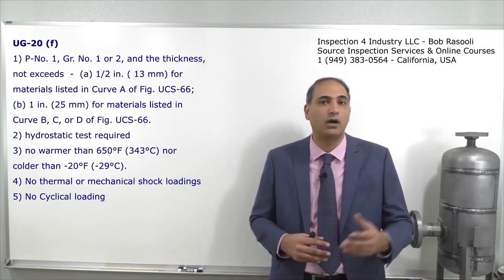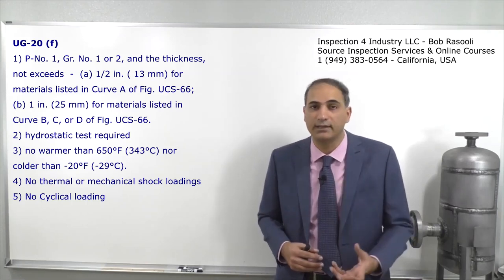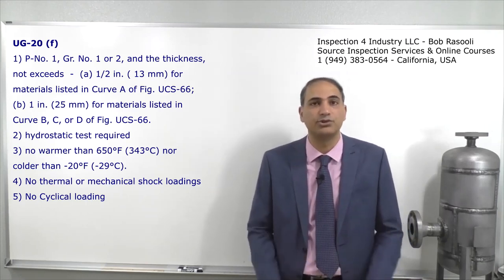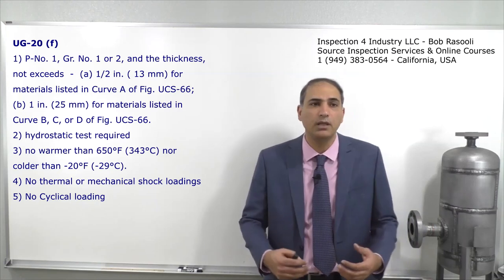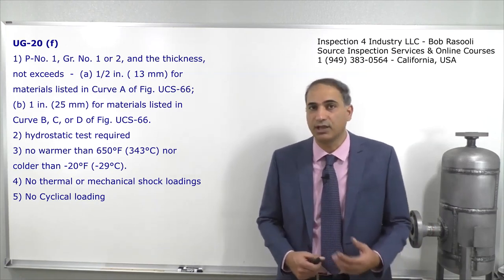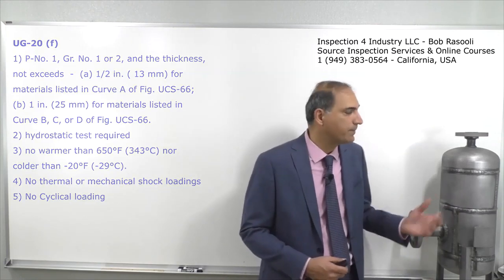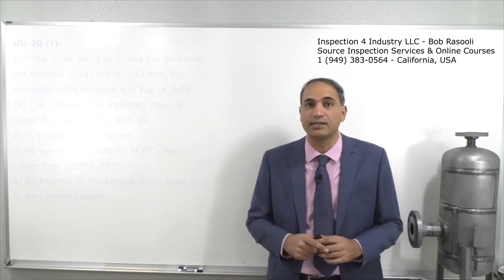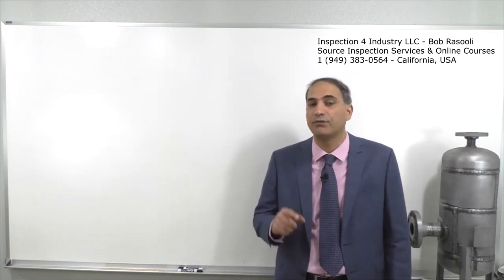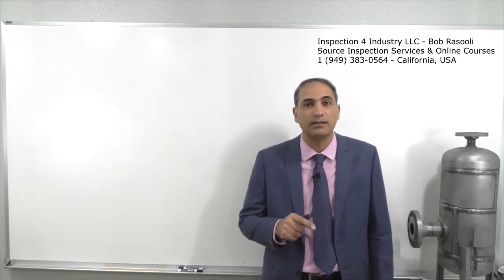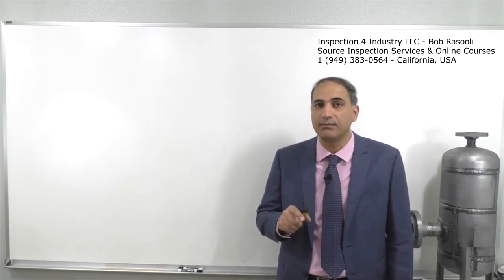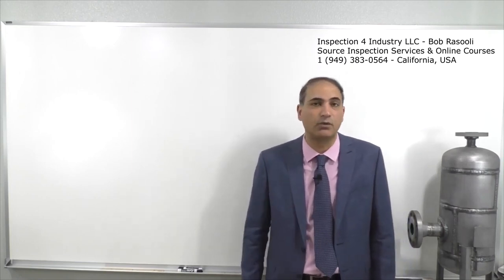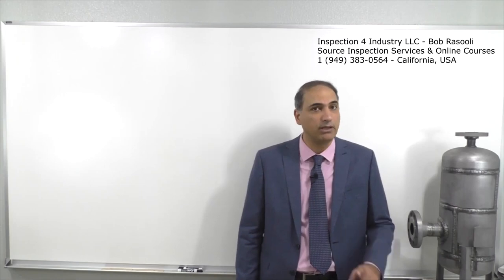So if your pressure vessel is going to work in that condition, you also can't use UG-20(f). But the one we are affected by is the thickness, because our material SA516 grade 70 belongs to curve D, and curve D can be exempted up to 1 inch, but our thickness is 3.25 inch.